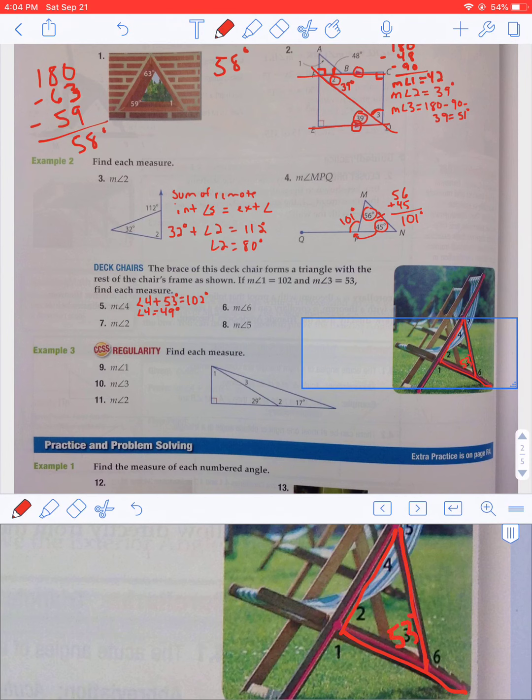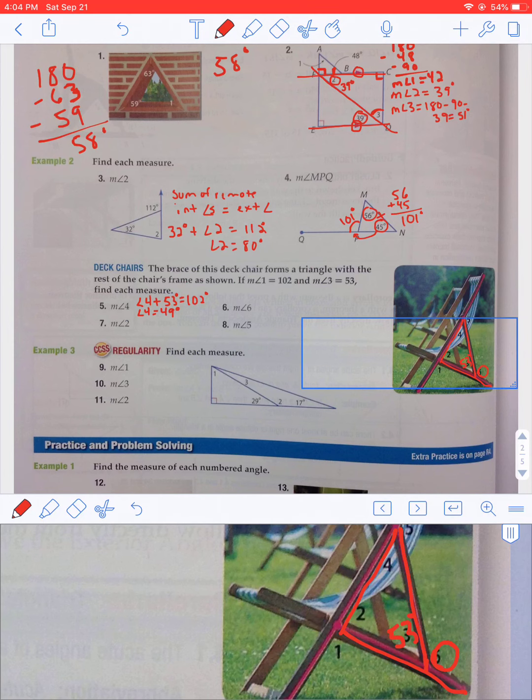Okay, so what I've done is I've just refocused what I'm trying to find. I'm trying to find angle 6, and angle 6 is an exterior angle of this triangle that I highlighted in red.